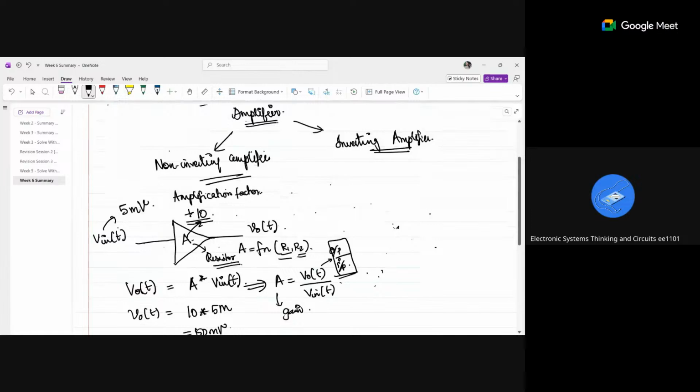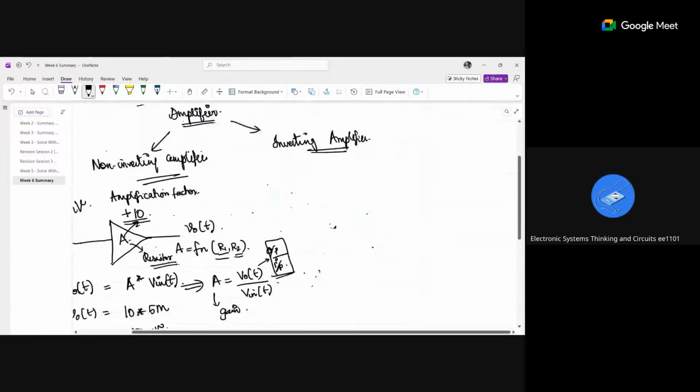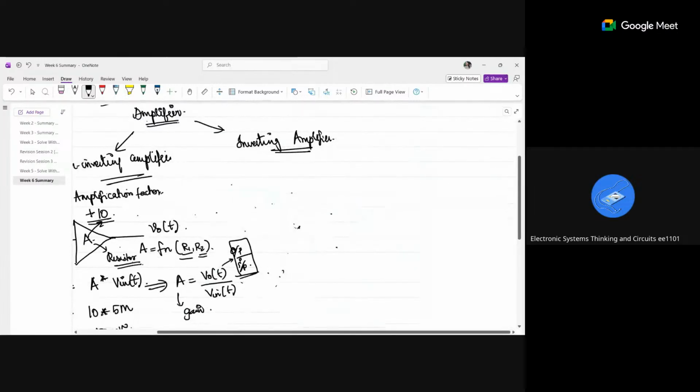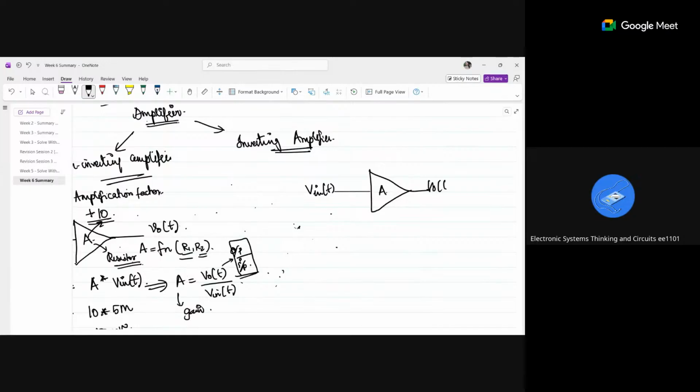Now we will go to the inverting amplifier. Till now we saw the non-inverting amplifier. Now we will be seeing the inverting amplifier. This has a gain, and here also there is an input V in of t, and it has the output V out of t.